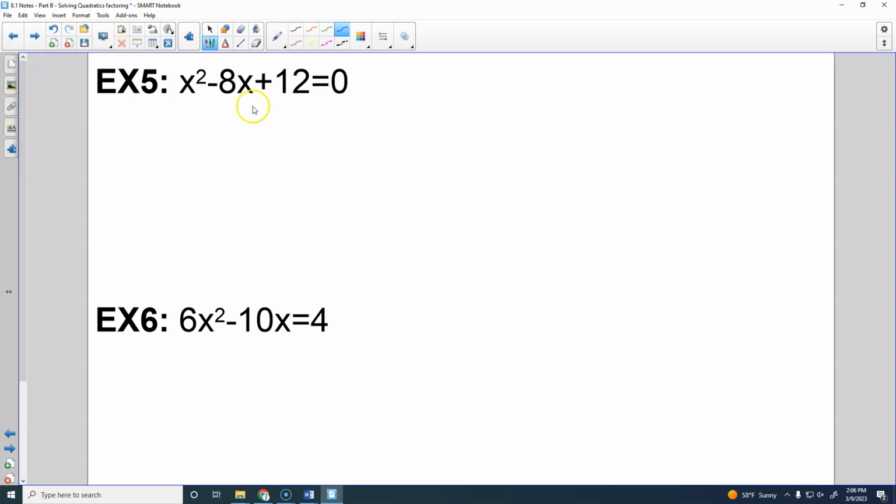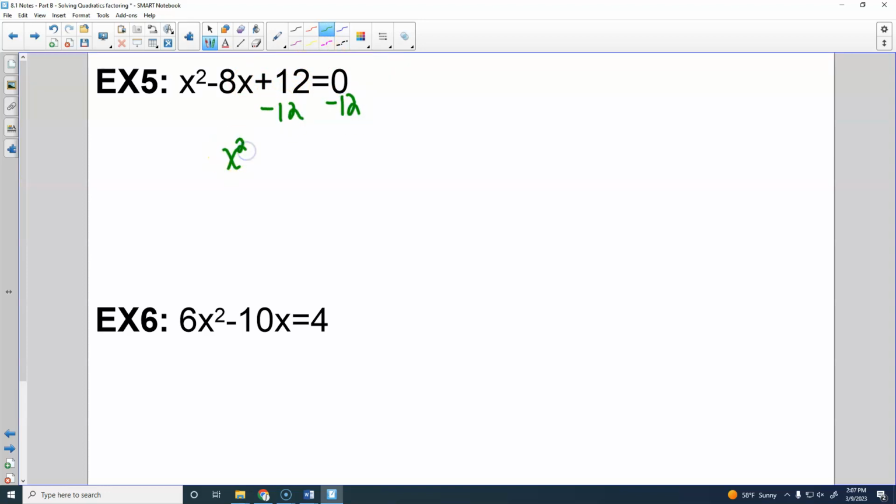Okay, so for example 5 here, we've got x squared minus 8x plus 12 equals 0. So if I try to solve this a different way, don't write down what I'm about to write, because what I'm about to do is going to be terribly wrong. What I see students try to do a lot of times is maybe they try to solve this for x by maybe subtracting 12.